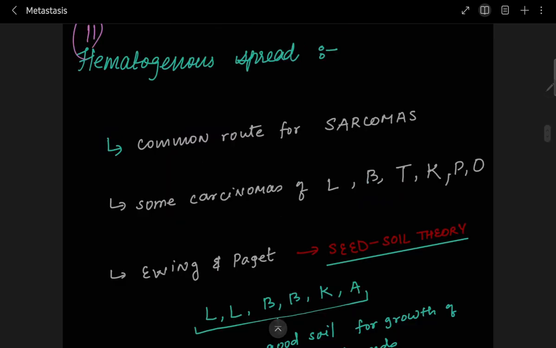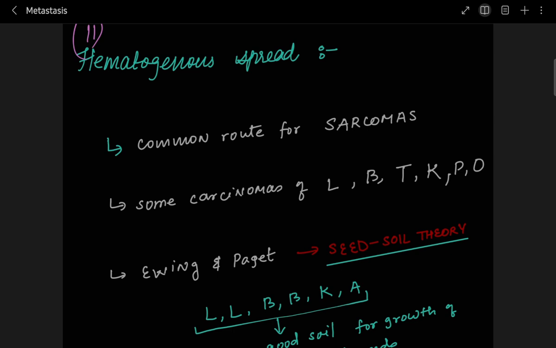Again I would like to draw your attention to a very important topic, the hematogenous spread, which we started from the spread of tumors. First we studied the lymphatic spread, and second we are studying the hematogenous spread. We studied hematogenous spread in four parts. First, the features of the systemic veins: what happens when the systemic veins drain into the vena cava, carrying blood from the limbs, head, neck and pelvis.